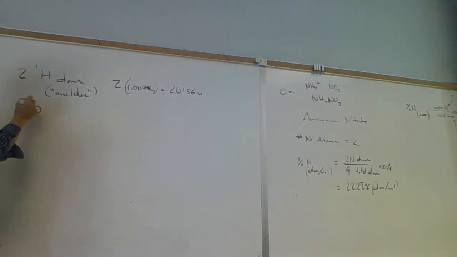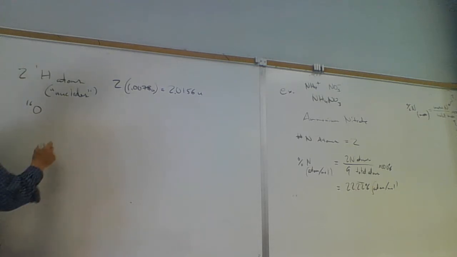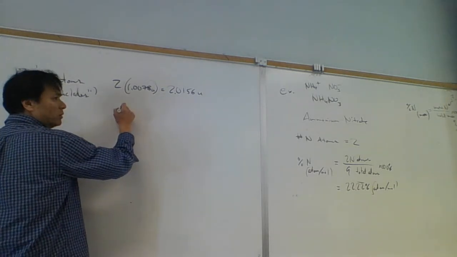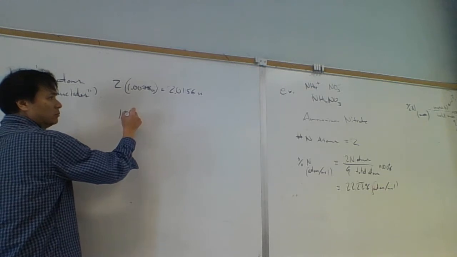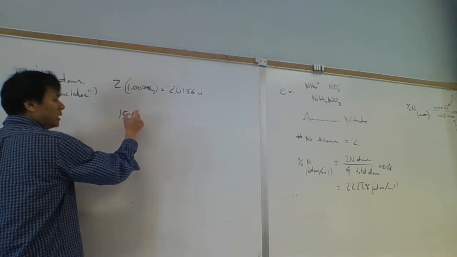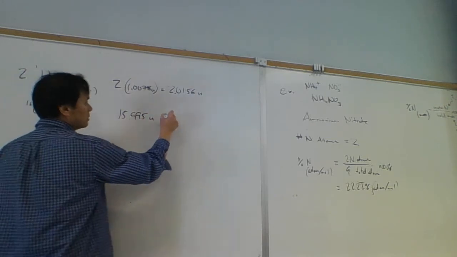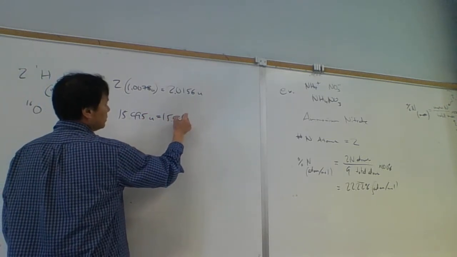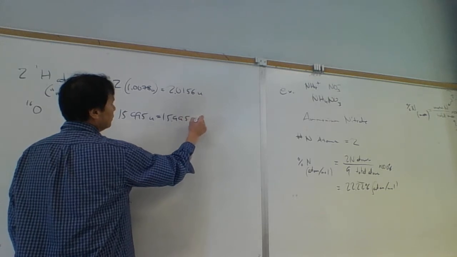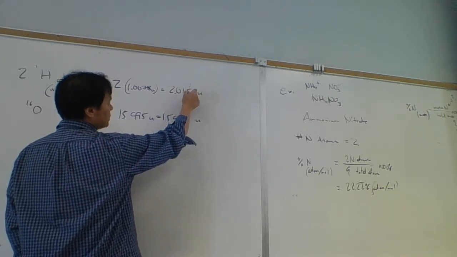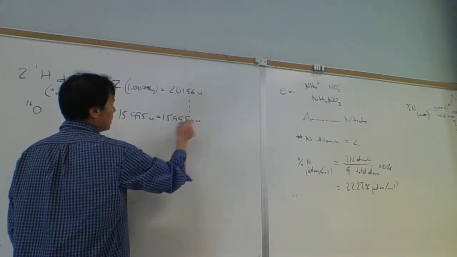And then I have my oxygen 16. I just have one of those, that weighs in at 15.995 u. That's 1 at 15.995 u. Now, when we do addition, we look at how many decimal places we're allowed.